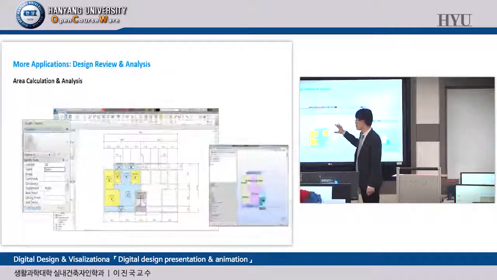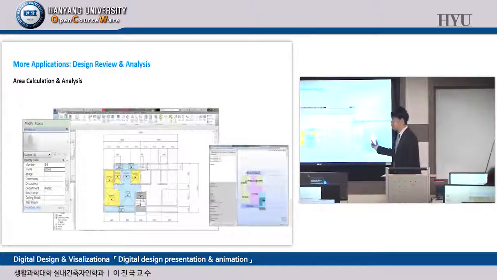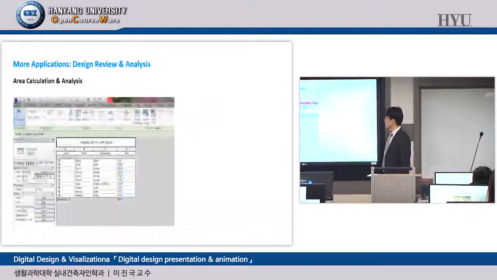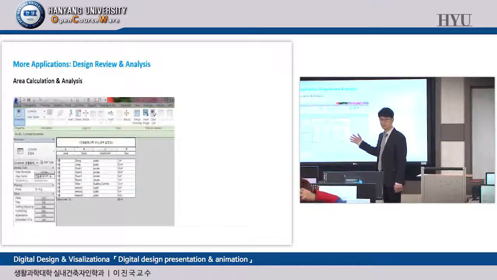This application knows where the living room is and where the private room is, okay? So this kind of simplified color scheme is very useful for architect designers, okay? Shared space, private space, building common space, okay? And also it can be exported to this kind of Excel file.